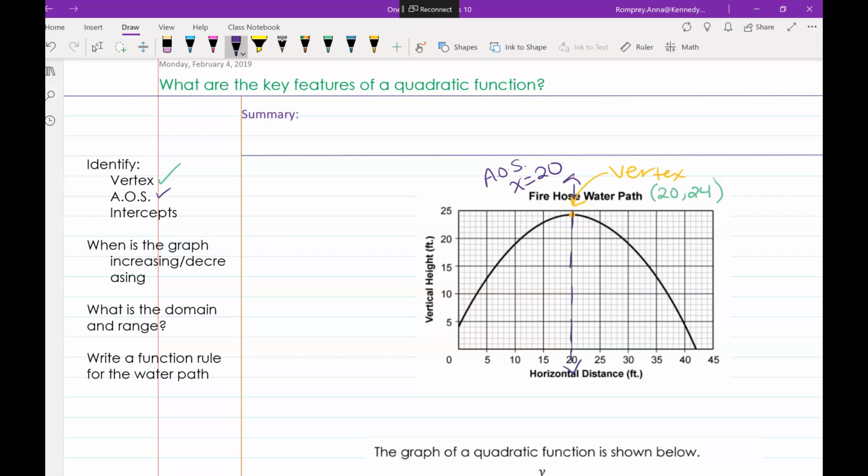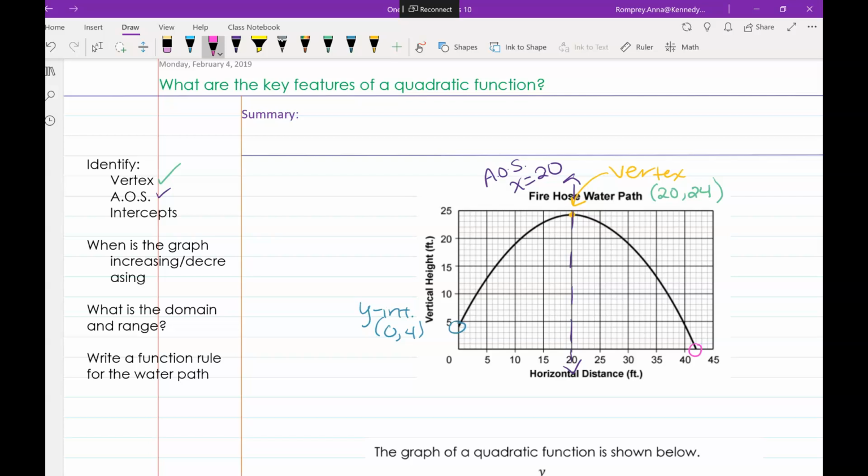Well, remember, intercepts, we have two kinds. We have x-intercepts and y-intercepts. So I'm going to go ahead and look when I first start reading my graph right here at 0, 4. This is my y-intercept. And as I follow my graph, my parabola comes back down.